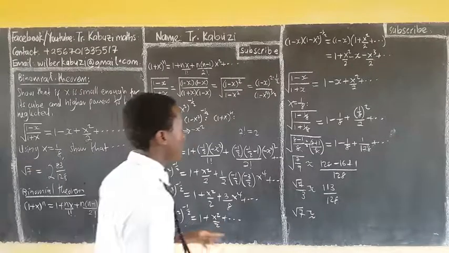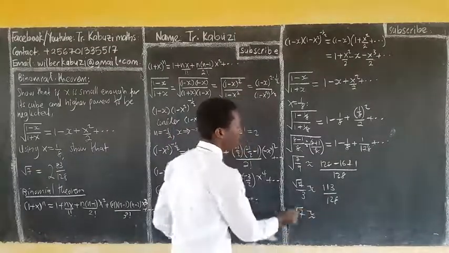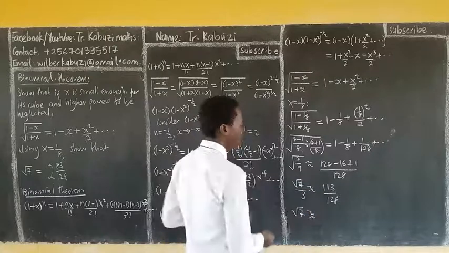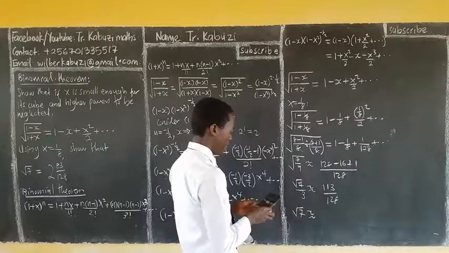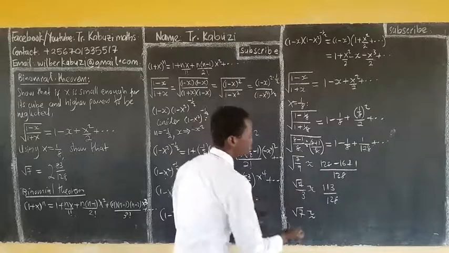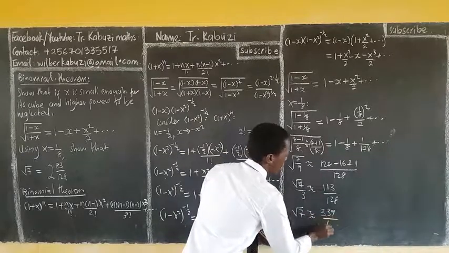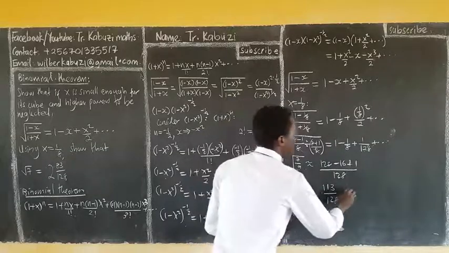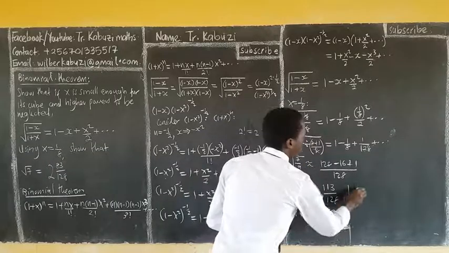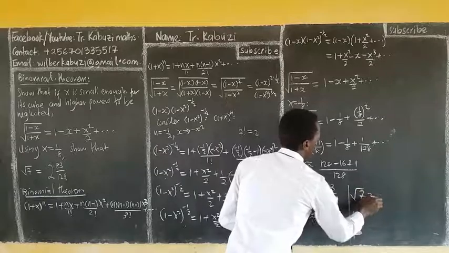Okay, so members, if you multiply this and this, we shall be having this 3 multiplied to the side. We have 113 times 3, which will give us 339 over 128. And from there, our root 7 is going to approximate 2.